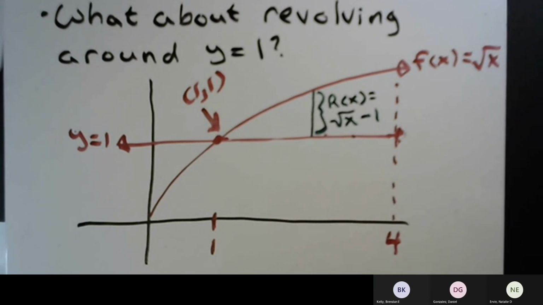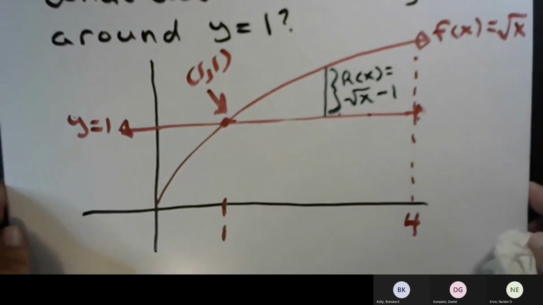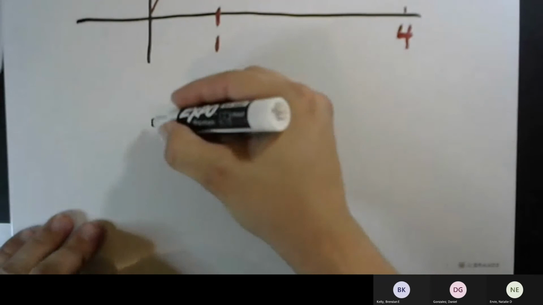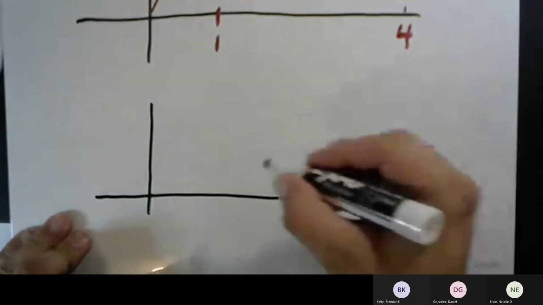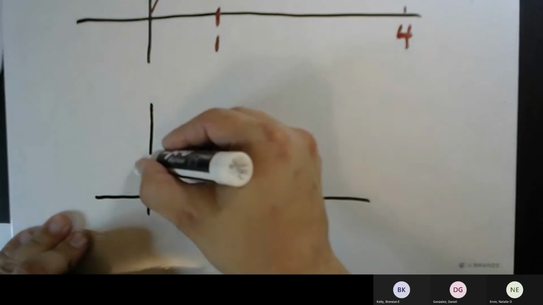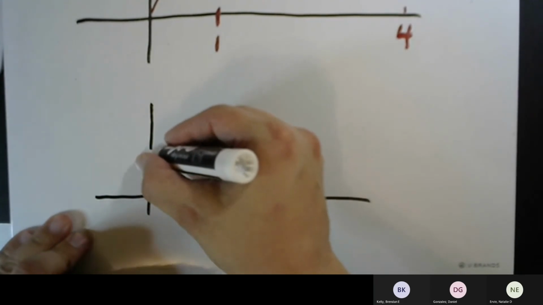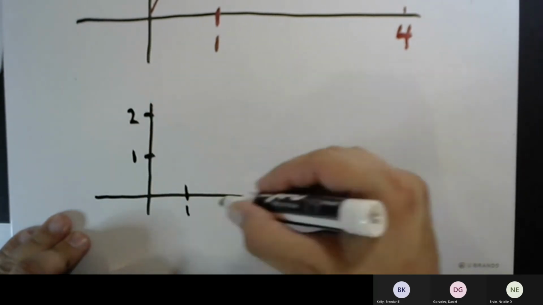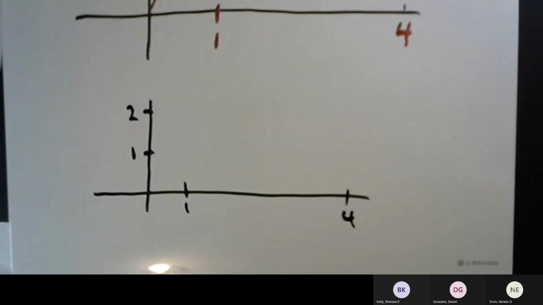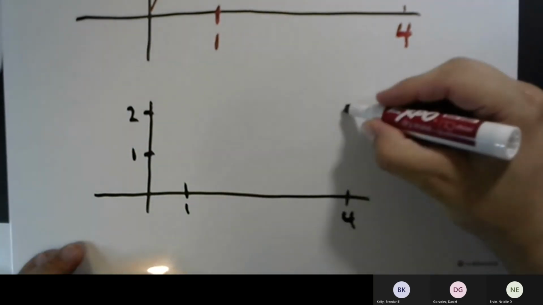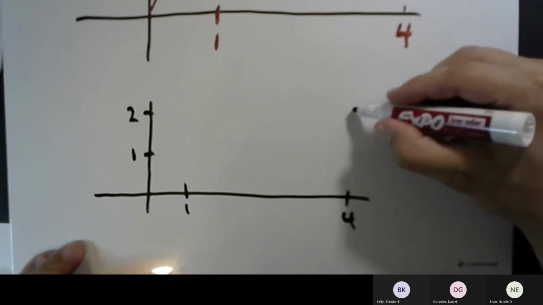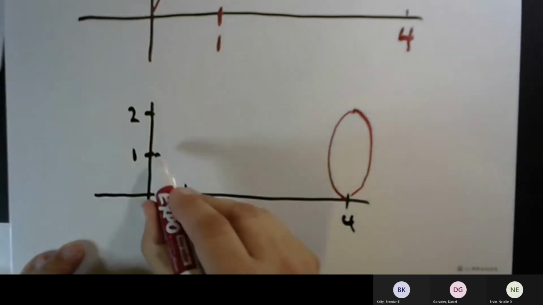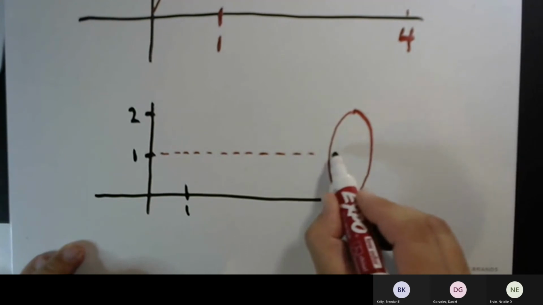So when we rotate this, this is what it's going to look like. Here's that axis, y equals 1.